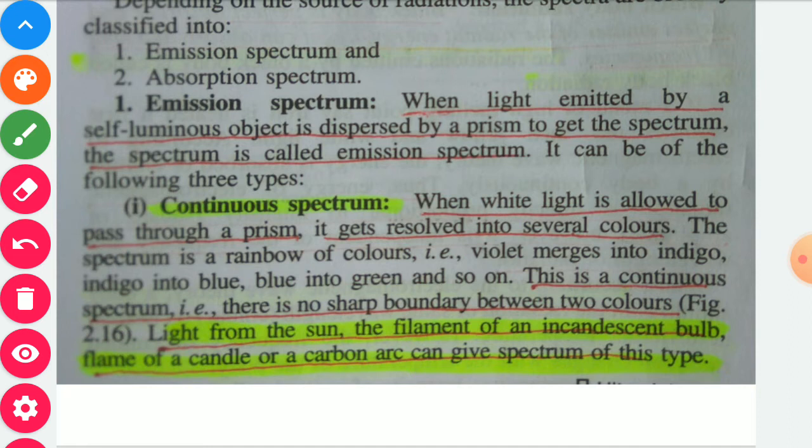The spectrum is a rainbow of colors, that is violet merged into indigo, indigo into blue, blue into green, and so on. Means in continuous spectrum, no separation between the colors is found. They merge together. This is a continuous spectrum, that is, there is no sharp boundary between two colors.